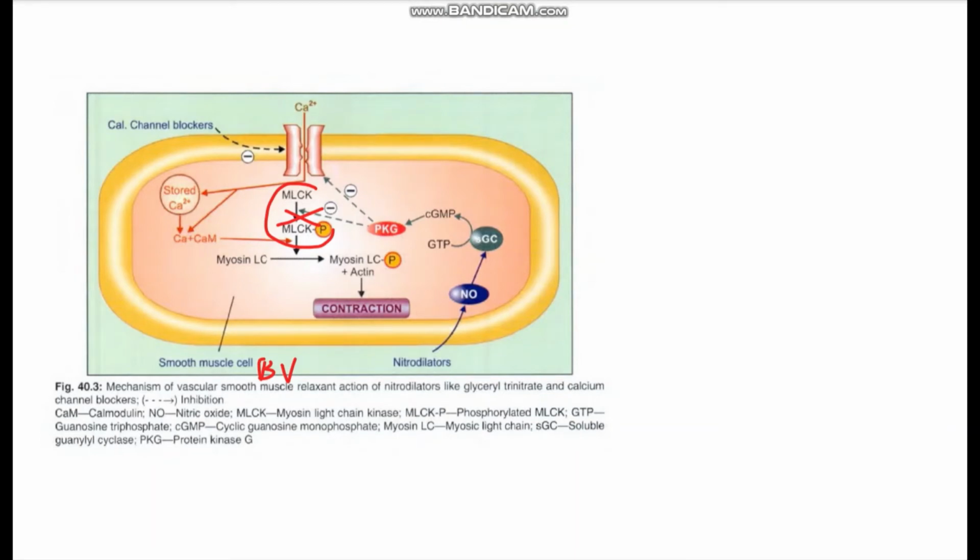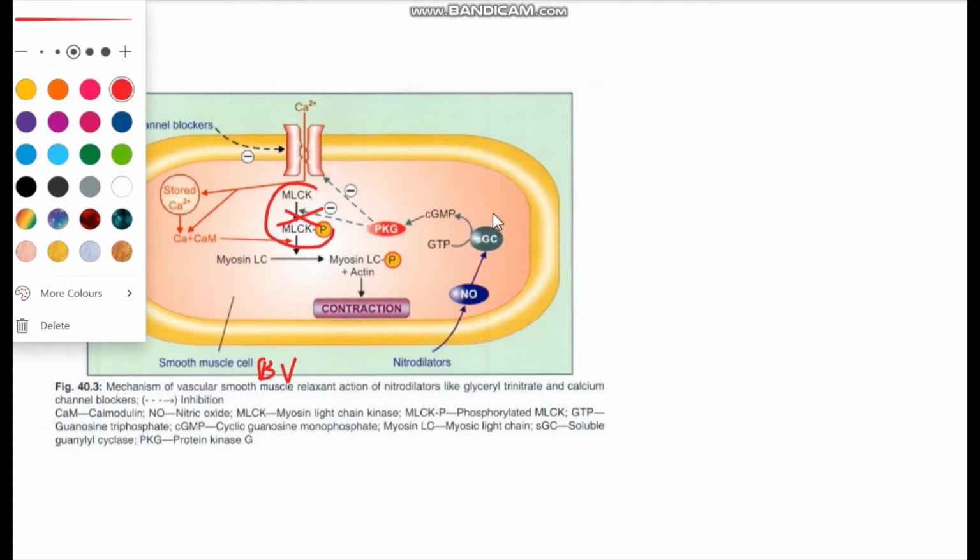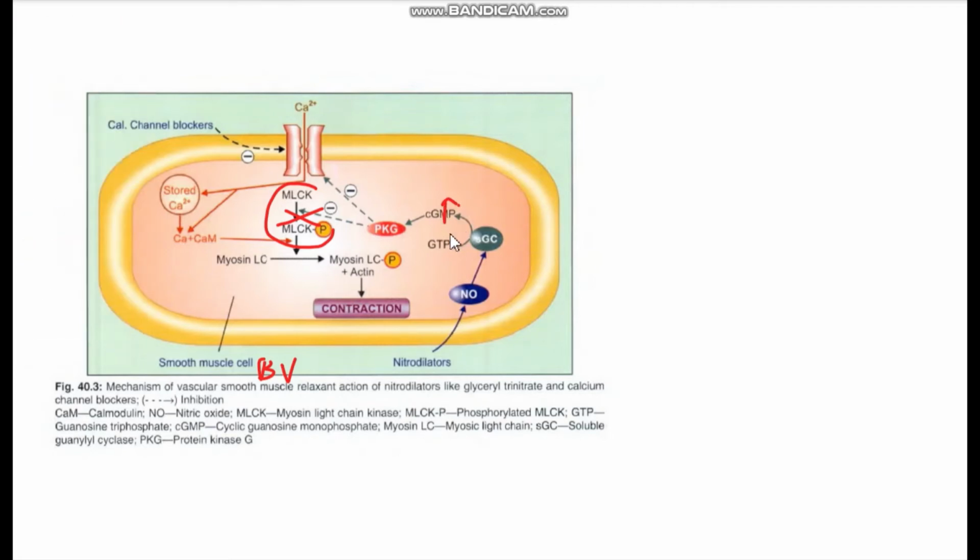Nitric oxide is a stimulator of guanyl cyclase, which increases the level of cyclic GMP. You can see here, the cyclic level goes high. It inhibits phosphorylation of myosin light chain kinase, MLCK, and when this happens, it inhibits contraction of the smooth muscle cells. That means it causes their relaxation.